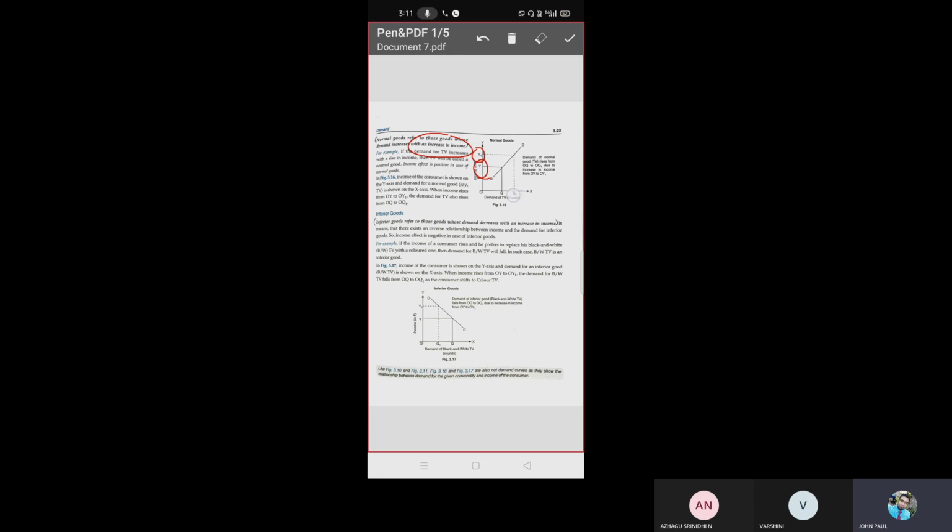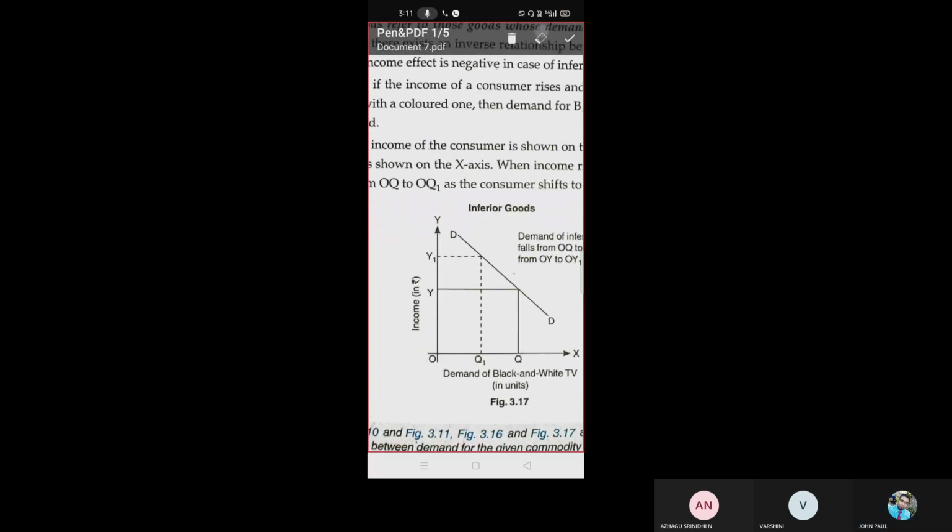The consumption also will increase. So demand also will increase. And when people get less salary, when their salary is less, you can see this is what income does.